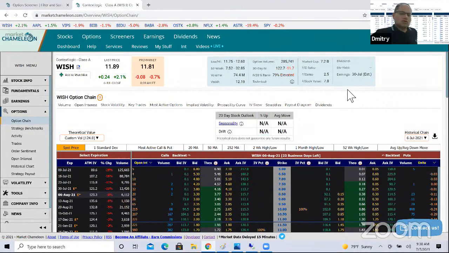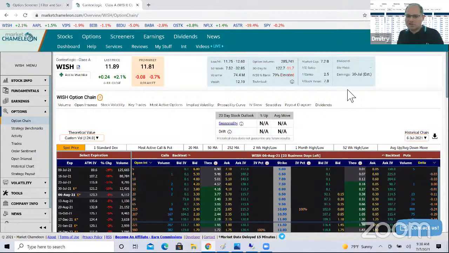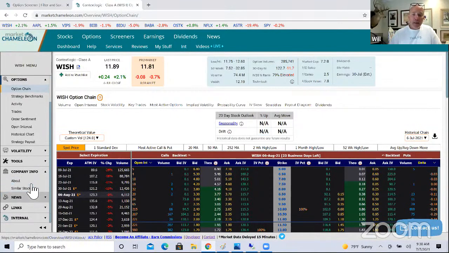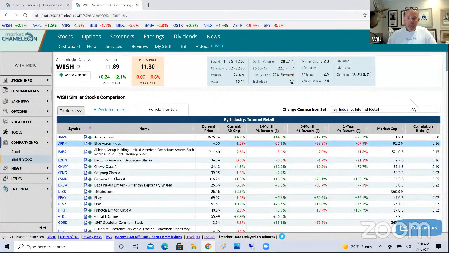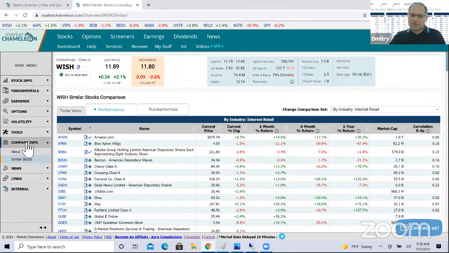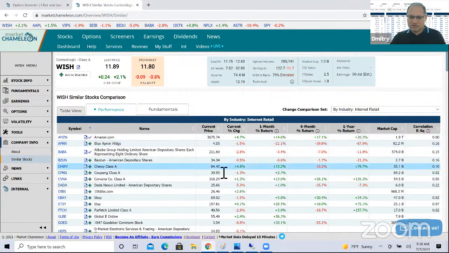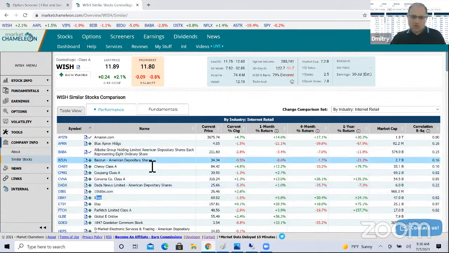Wow, that's incredible. What would this be similar to, like Amazon? I just briefly went to the website, so I can't actually answer that, but it does look like a lot of it develops off social, and you have to register. I'm looking at similar stocks, so Amazon, it's in the internet retail space.